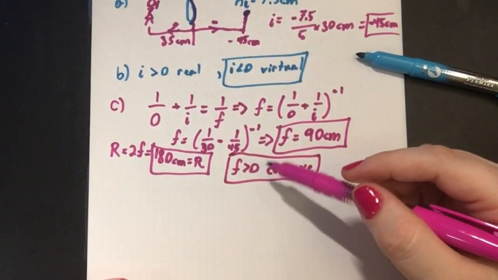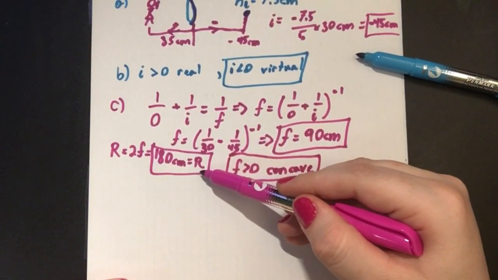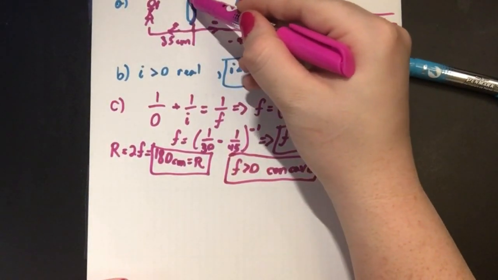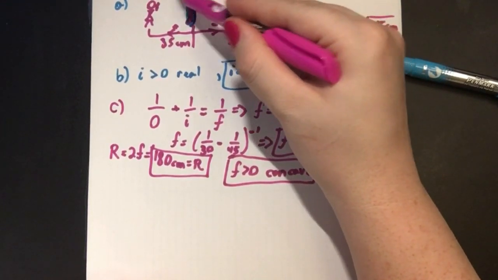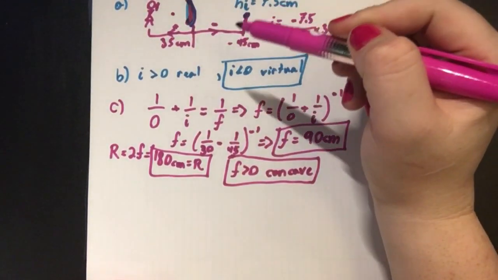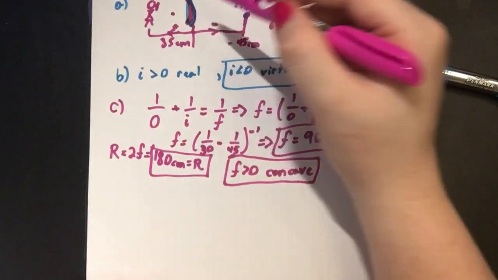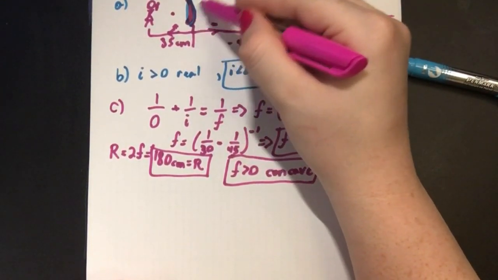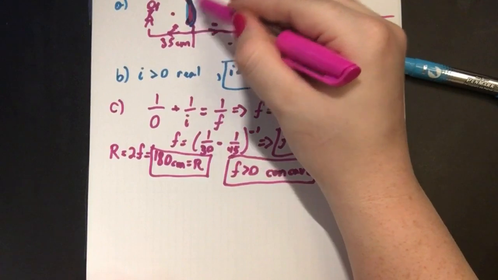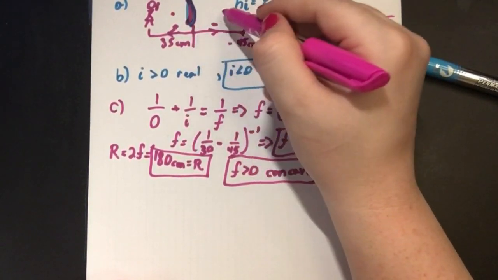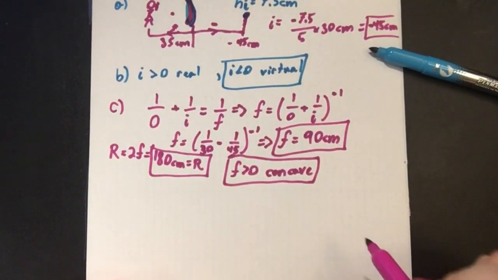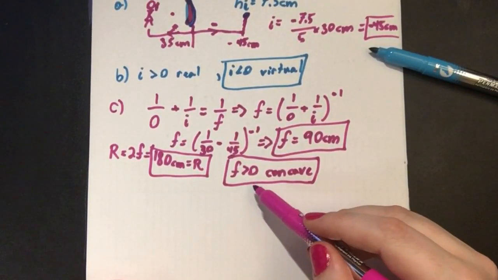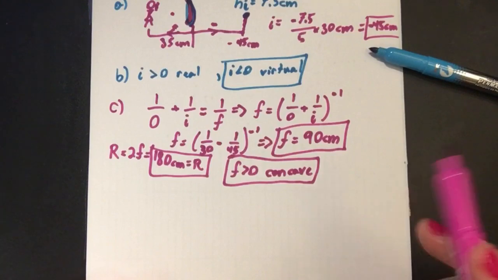In other words, if our radius is a positive value, that means the mirror has to be curved in a way that if it made a whole circle, the radius would be on the left-hand side. If it's convex, it would be curved the other way so that the center of the entire circle would be on the negative side. So the focal length being positive means concave. Focal length being negative means convex.